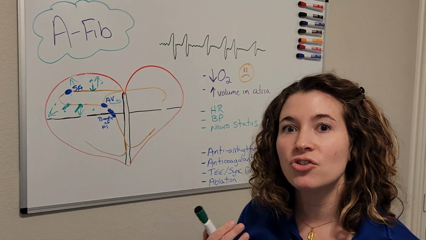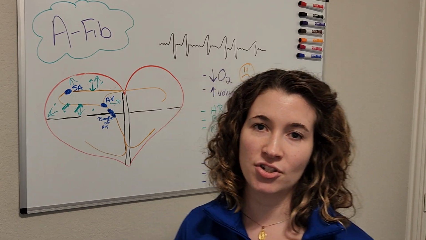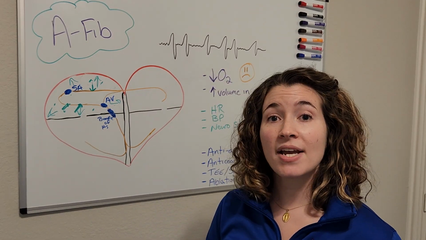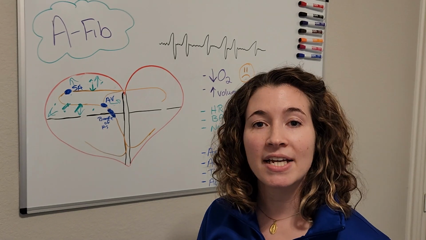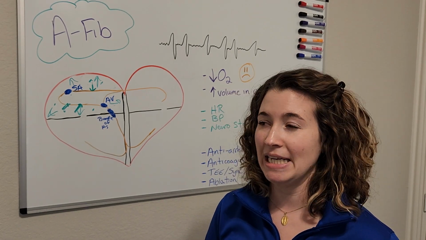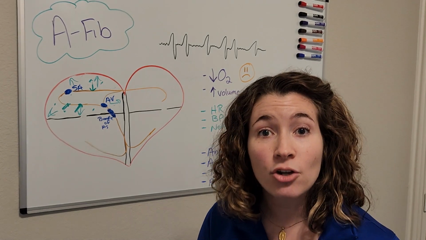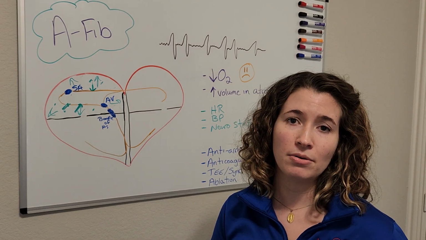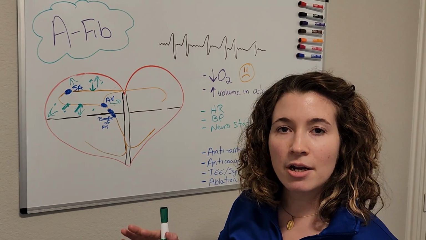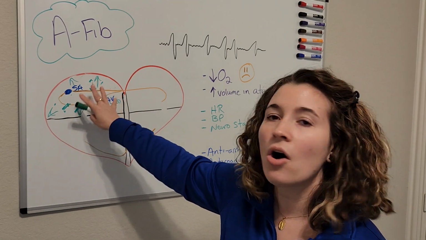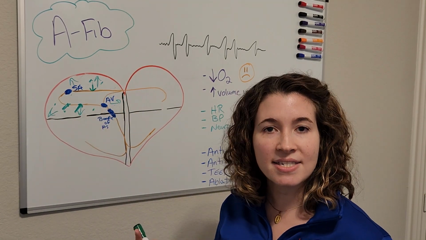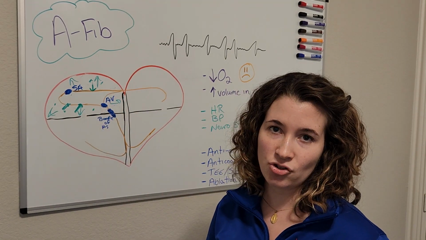Now what are we going to do for our patients in A-Fib? Well, most likely they're going to be on some type of antiarrhythmic medication. This could be anything from a calcium channel blocker, beta blocker, amiodarone. We really want to have them on a medication to help calm down those irritated cells that are in the right atrium.